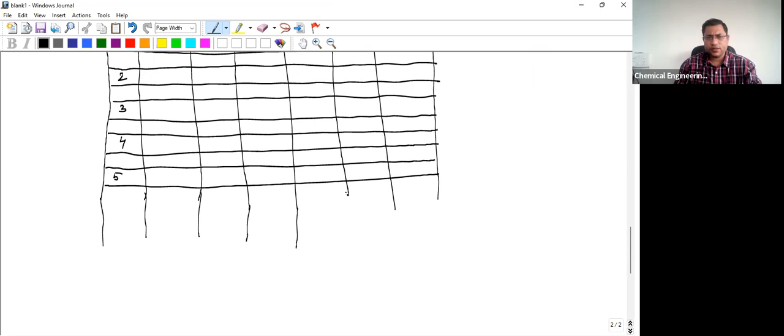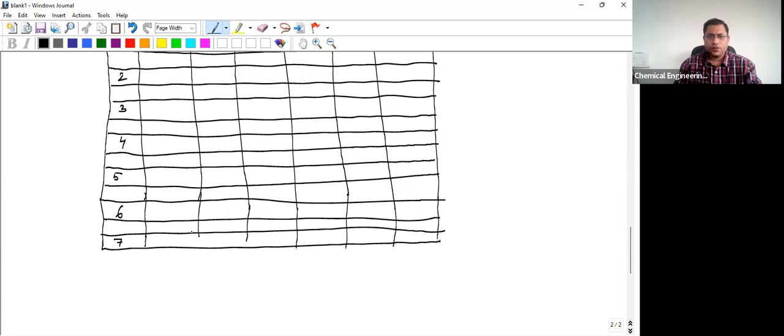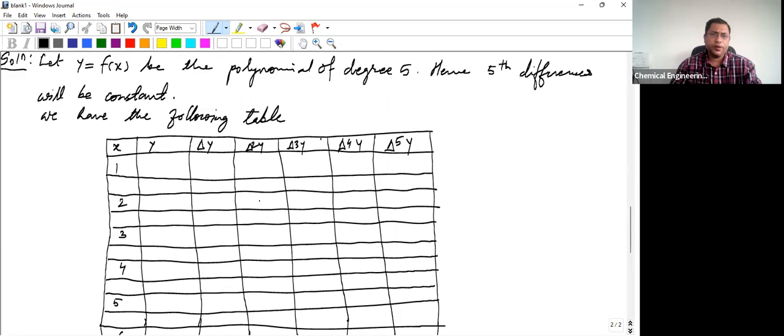Please construct the table. Then we have 6 and we have 7. So this is how your table should be.